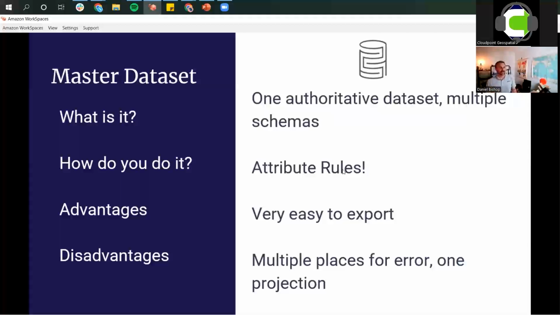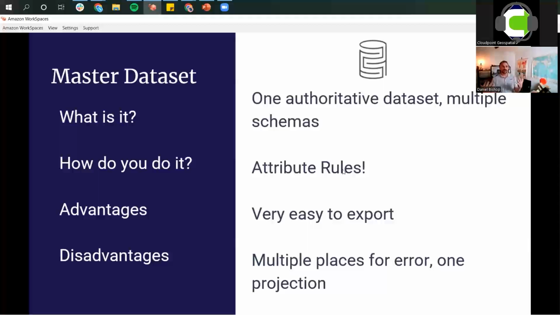A master dataset option is essentially taking both datasets and combining them. So we noticed at the beginning that there is some similarity between my example of CAD software field types and the NENA standard field types.